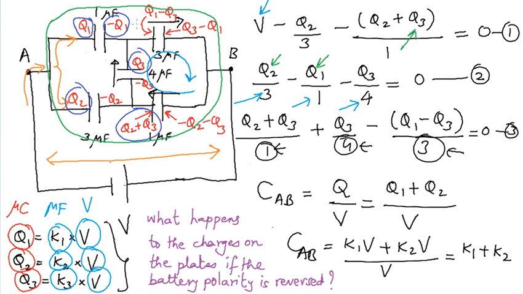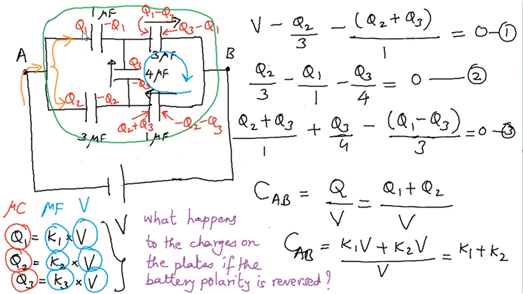In other words, if the charge on the left hand side plate of this capacitor is Q1 initially, now in a new circuit, if you had the same battery but with reversed polarity, could you predict what charge would appear on this particular plate? And the answer, of course, is that every charge, be it Q1 or minus Q1 or minus Q2 or Q2 and so on, will remain the same in magnitude, but it will reverse in sign.